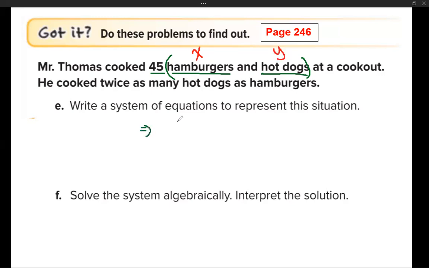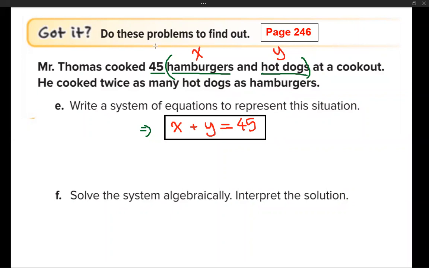So we can write the number of hamburgers, which is x, plus the number of hot dogs, which is y, and this will give us how much? 45. Why 45? It's just written in the question there. It is 45 together, the hamburgers and hot dogs. So here we have the first equation for this system of equations. It's x plus y equals 45.